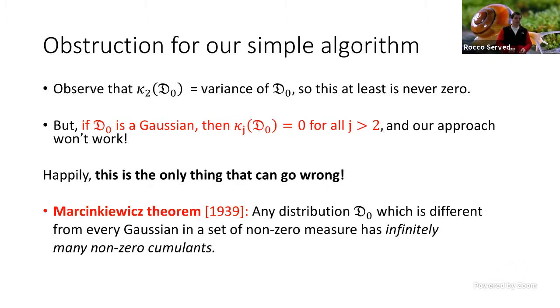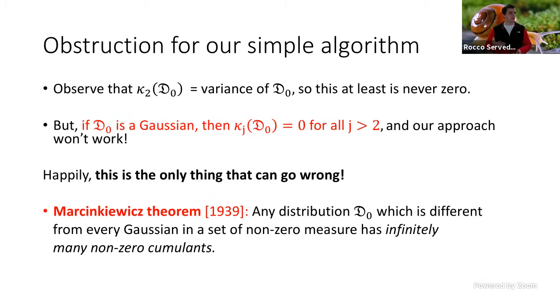But crucially, it turns out that having a Gaussian distribution is the only distribution which can completely scuttle this attempt. The reason for this is this classical theorem due to Marcinkiewicz, which says that if you come to me with any distribution which is not a Gaussian, any distribution which has some non-trivial difference from a Gaussian, then in fact it's going to have not just some non-zero cumulants after j = 2, it's going to have infinitely many non-zero cumulants.